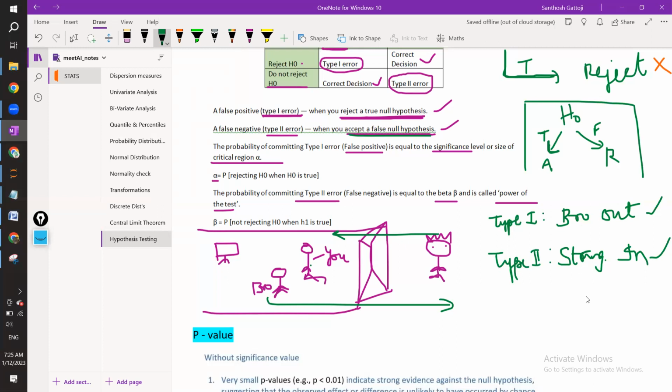Now tell me, which one do you think is more dangerous, type 1 or type 2? Type 2. Everyone? Yes, sir. More dangerous is type 2. Why? We don't know someone and we are simply accepting, whoever it is.